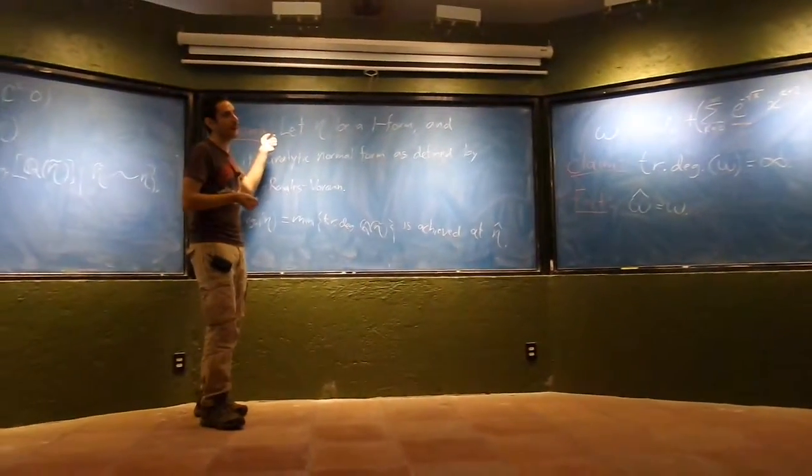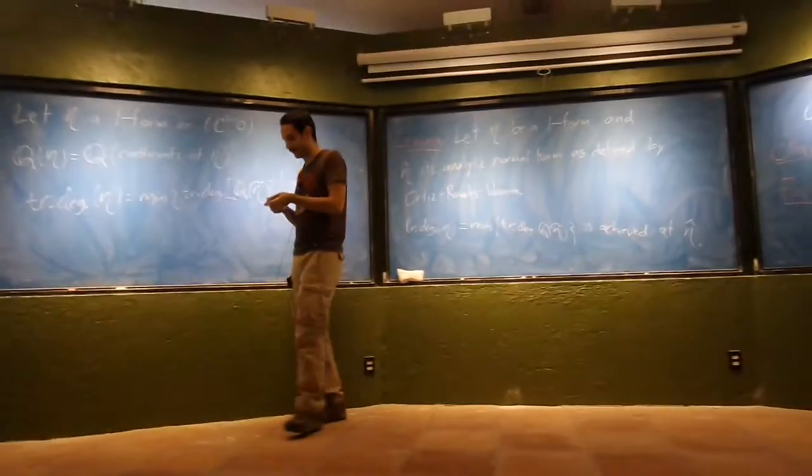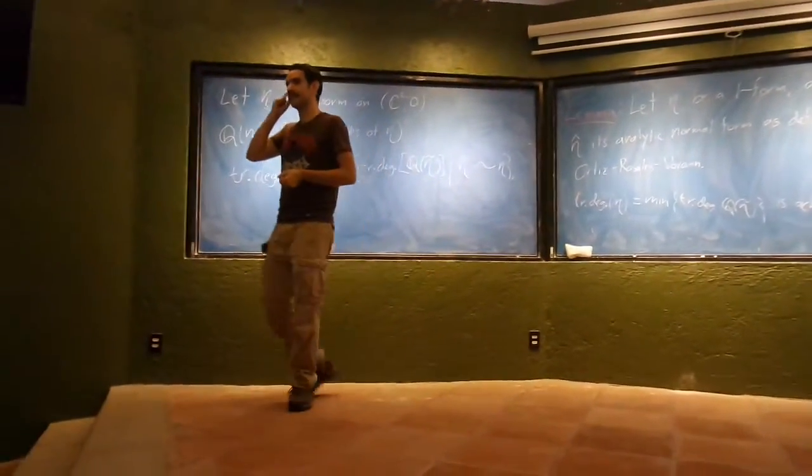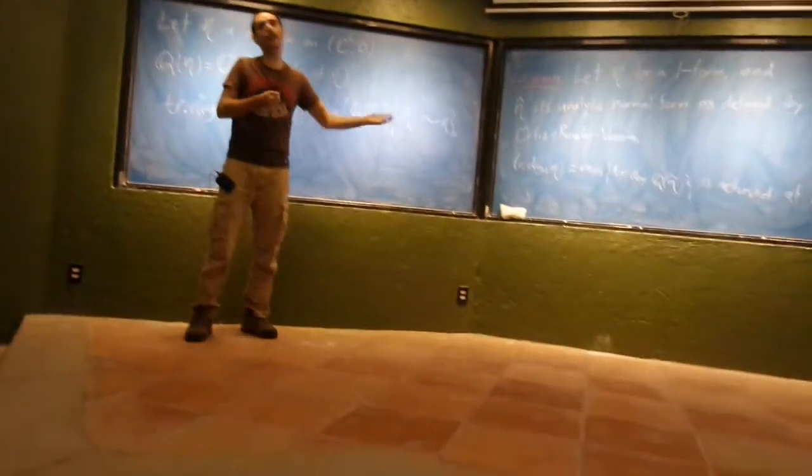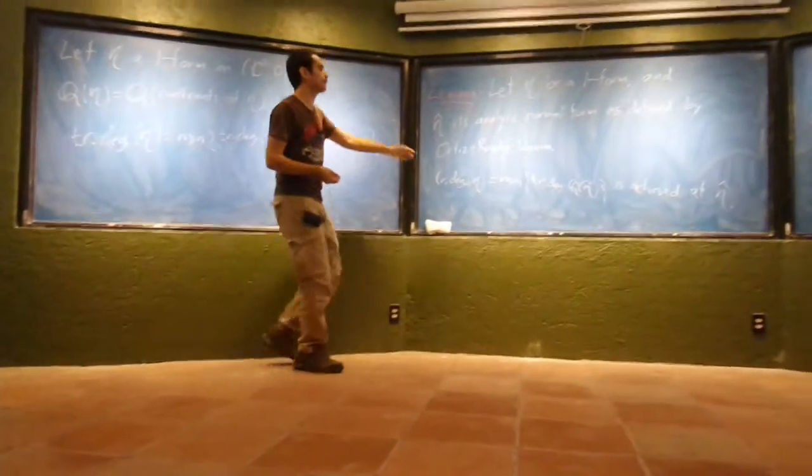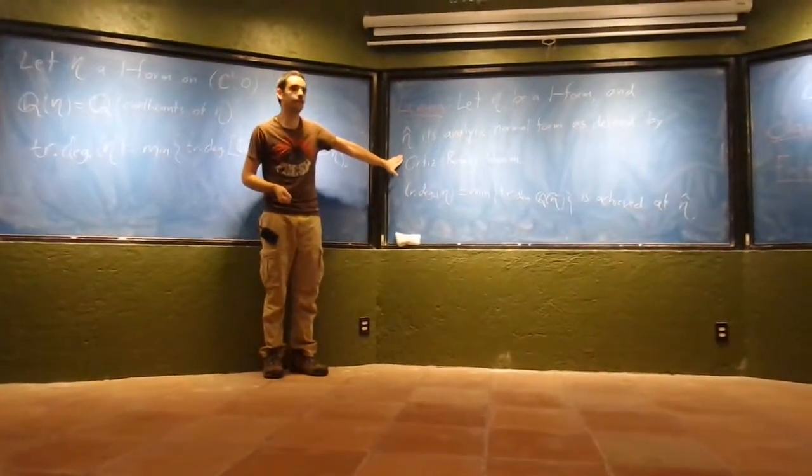Now the only thing I need to do is prove this lemma, and I think I've been saying this a lot, but now this lemma is obvious from the proof that these authors provide.